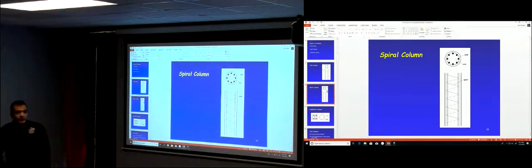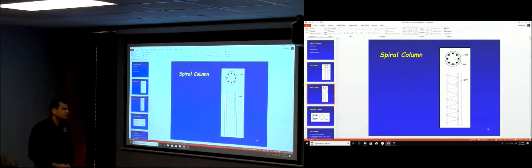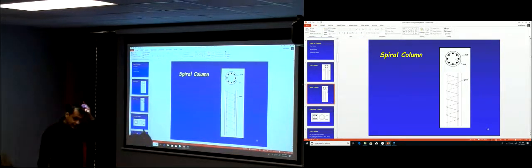For that reason, if you remember in chapter 3, the ACI code says that for spiral stirrups, phi is 0.75, while for separate stirrups, phi is 0.65.